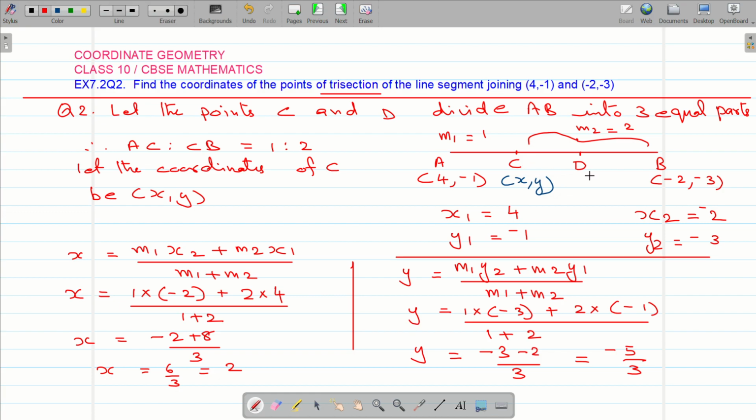Now we have to find the coordinates of the point D. D is the midpoint of CB.